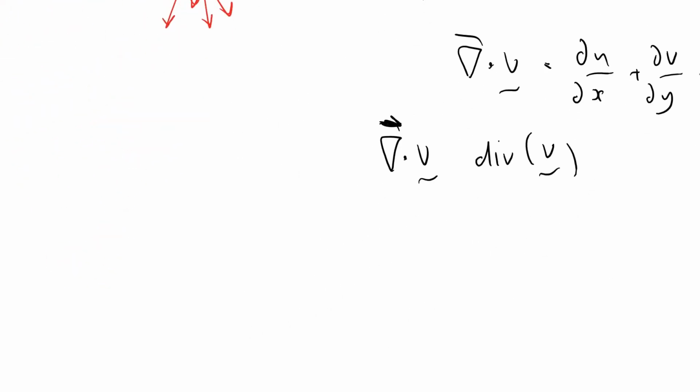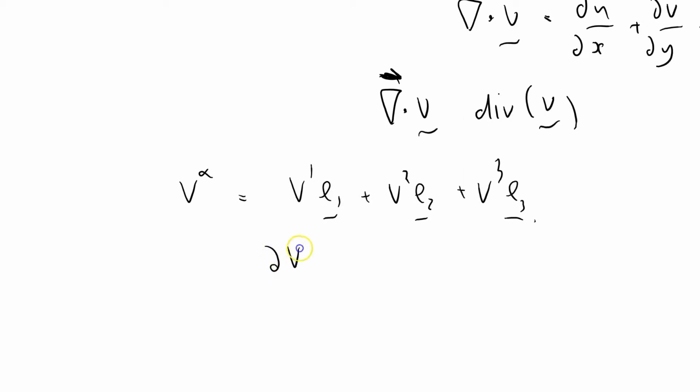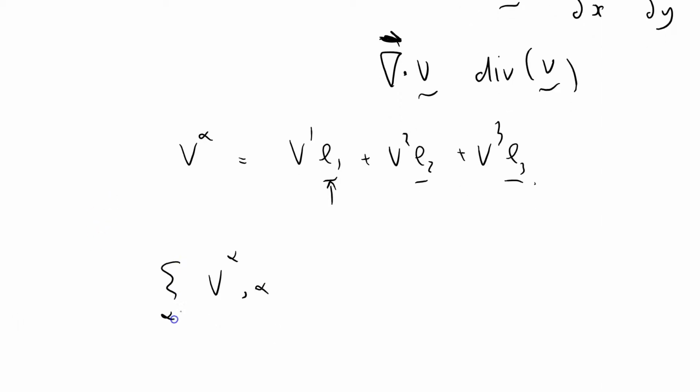So what we mean by this, it would be nice if we've got a vector field v in general contravariant form, which is v1e1 plus v2e2 plus v3e3. Well, it's not really good enough just to take ∂v^i/∂x^i. We need to account for the rate of change of the basis vectors. So what we really want is v^α with covariant differentiation with respect to index α, summed over α by the summation convention, and that's what I'm going to call the divergence of vector v.